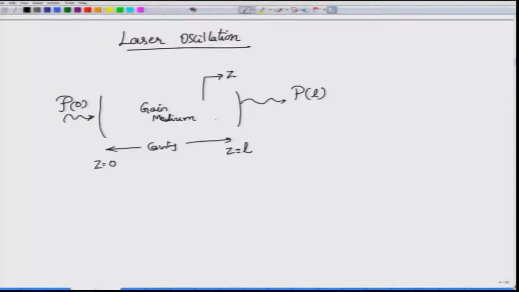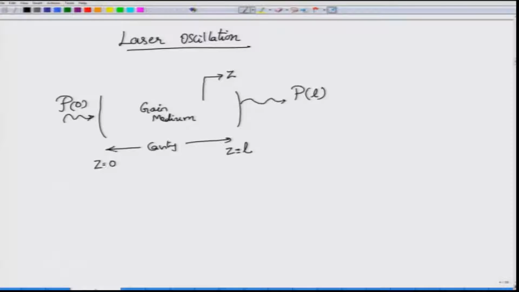So, we will look at the laser oscillation. In order to look at the laser oscillation, let us assume a cavity and put our gain medium inside this cavity. Let us also assume that the cavity has a length L, which we are going to measure along the z axis. Now, since this is a gain medium, this medium has to provide gain, right.